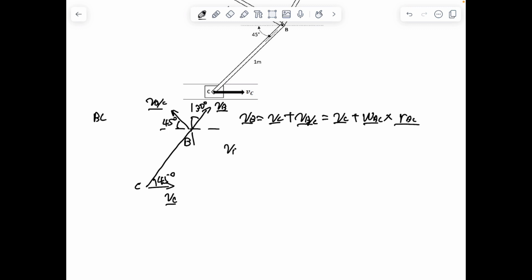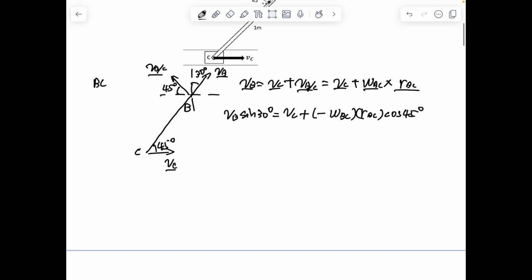The VB sine 30 degrees is equal to VC plus negative omega BC times RBC cosine 45 degrees. Then VB cosine 30 degrees is equal to omega BC times RBC times sine 45 degrees.